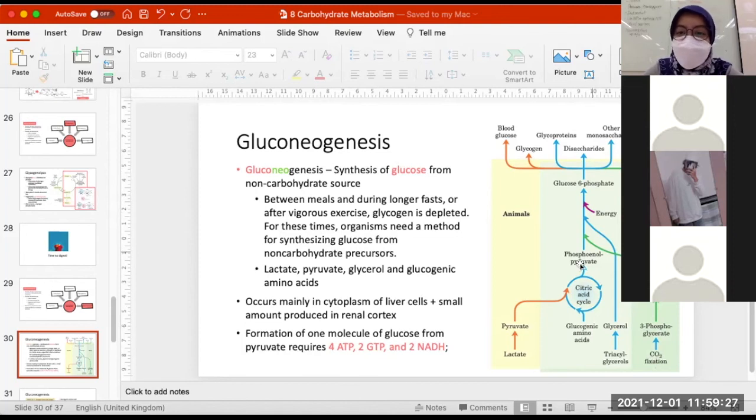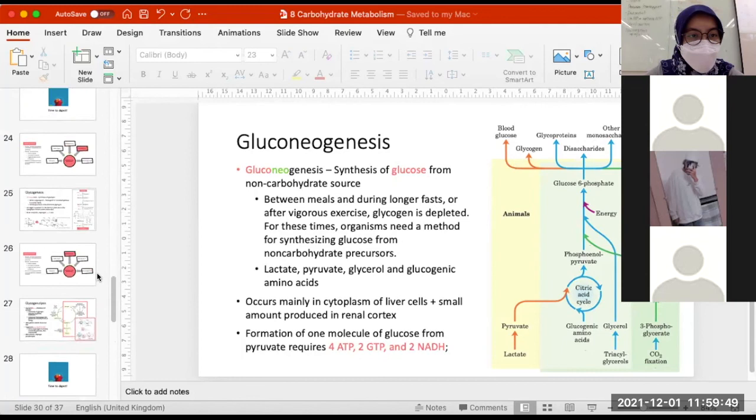But the same pathway would be this from fats and also amino acids. So these amino acids will enter the TCA cycle and go back to pyruvate and eventually form glucose, similar to glycerol.